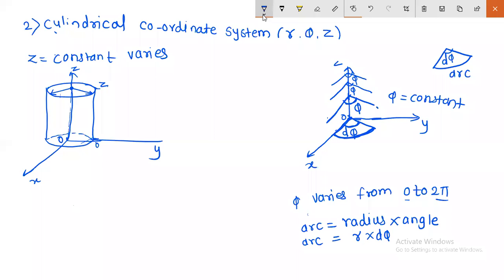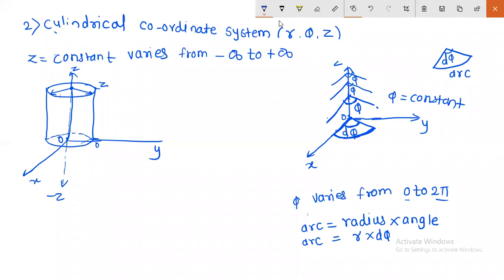Here it is put on the positive z axis, but you can put it on the negative also. So its length can vary from minus infinity to plus infinity. This cylinder can vary from minus infinity to plus infinity.